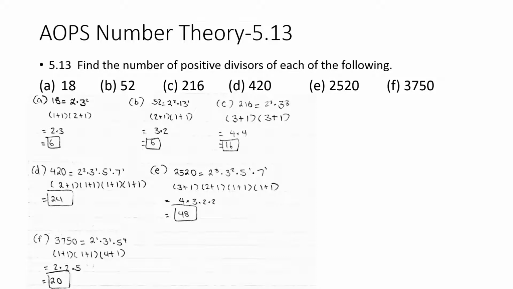AoPS number theory 5.13. Find the number of positive divisors for each of the following. A, 18.